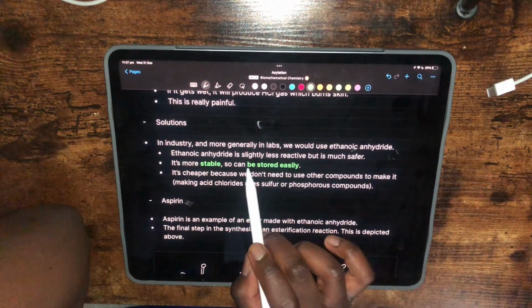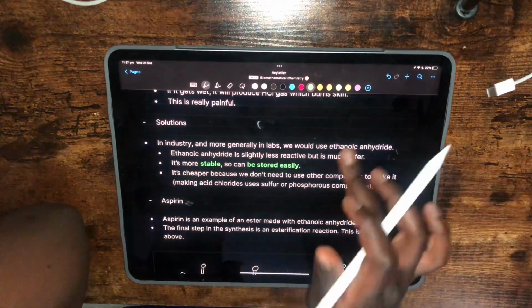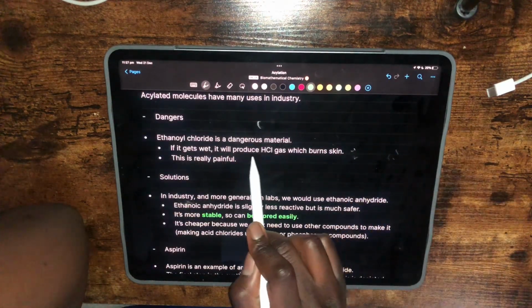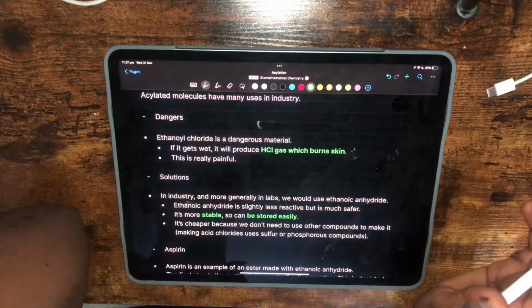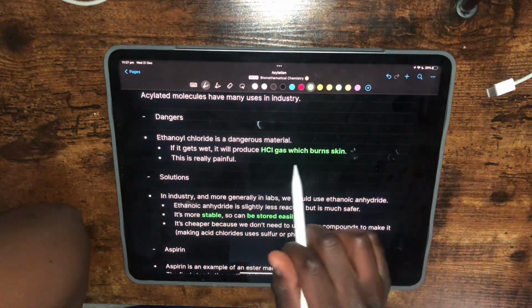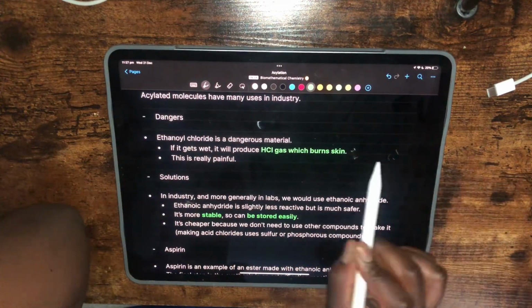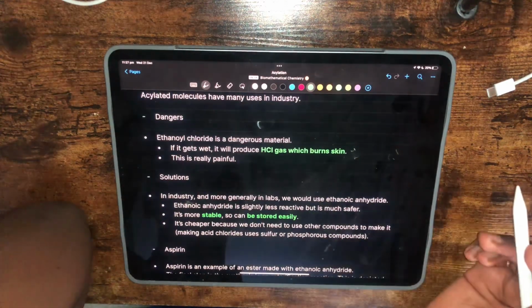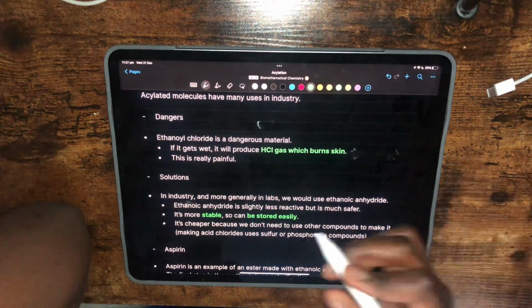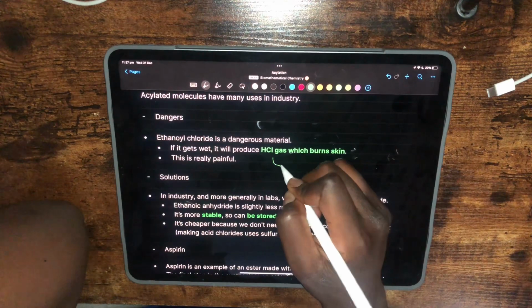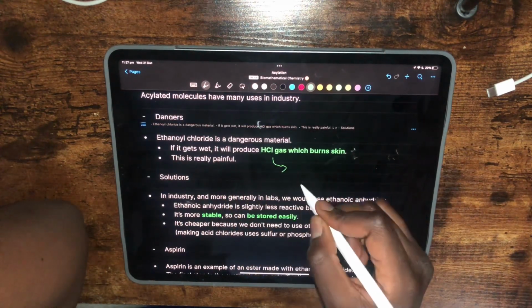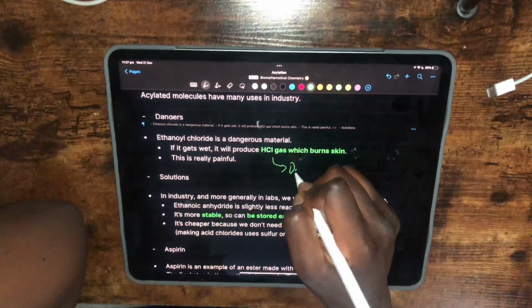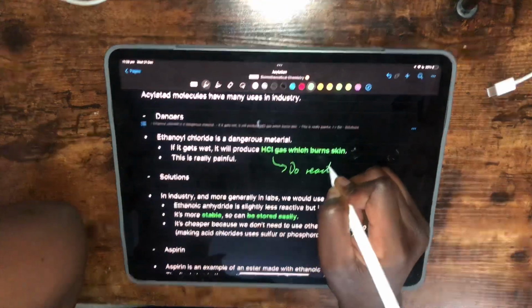If you're going to talk about it being an HCl gas, which can burn, say that you can do this reaction in a fume cupboard. You could just say it's an irritant gas, so do the reaction in a fume cupboard.